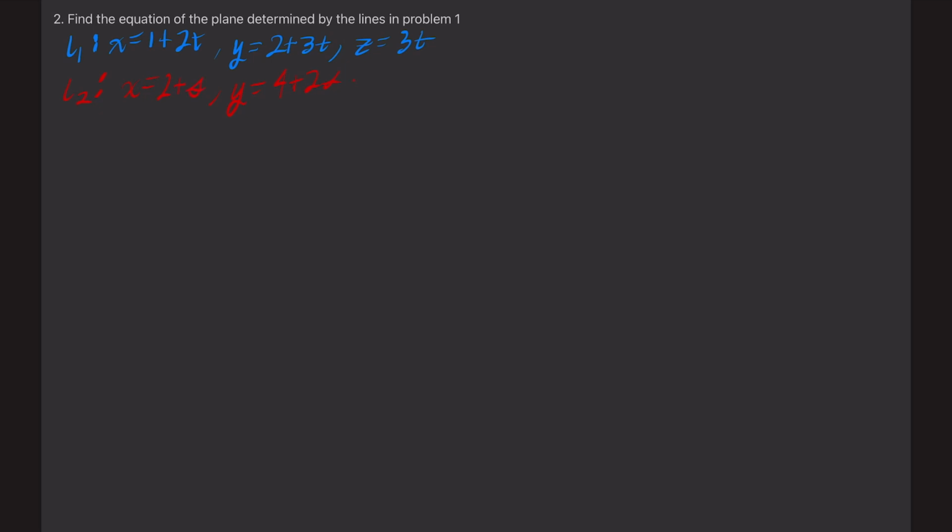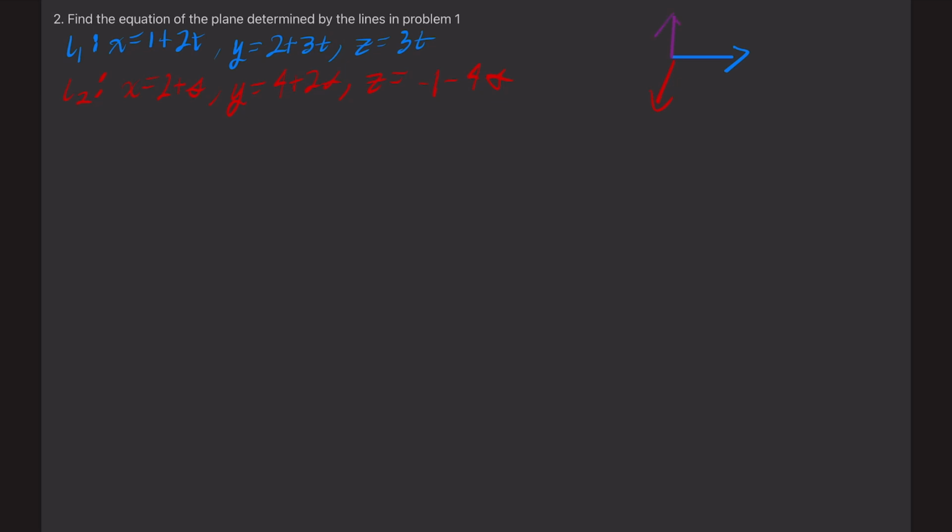And z equals negative 1 minus 4s. So to find the equation of the plane, I'm going to create vectors for these two lines. I'm going to turn them into vectors, and then do the vector cross product so I can find the normal vector.